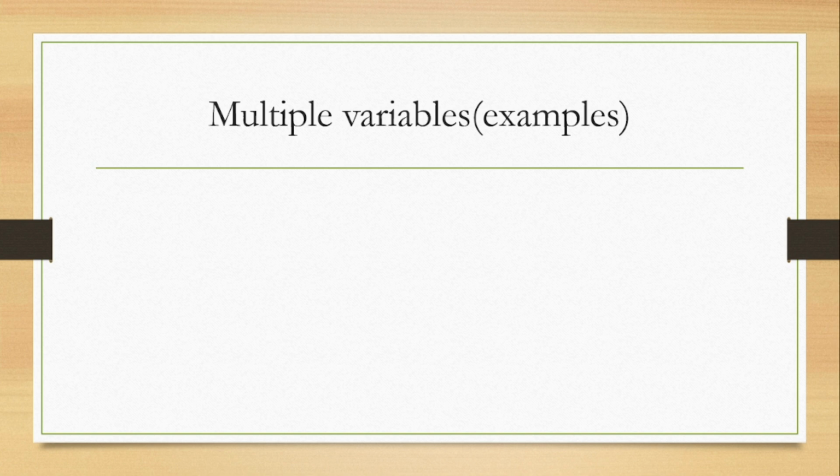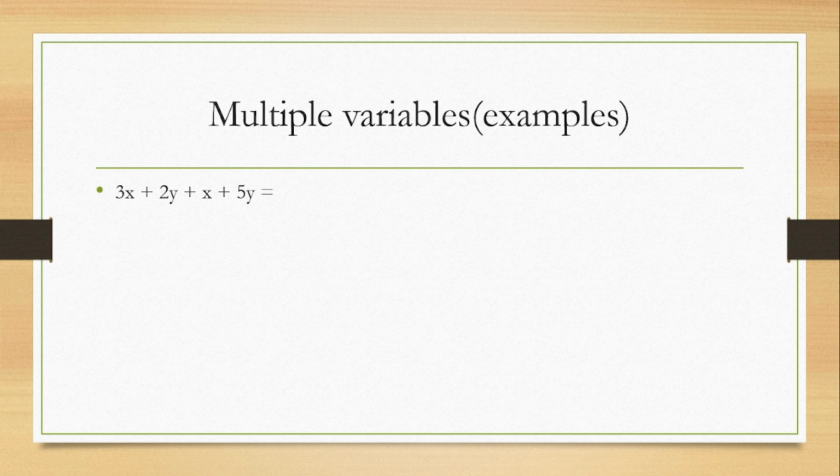So I think we are done with that one. So now for the last one, multiple variables with examples, right? Yep, there are many variables here, right? So for this part, you have to always remember you can pick any of the variables to start with, right? But I prefer you to start with the first one that contains the variable.